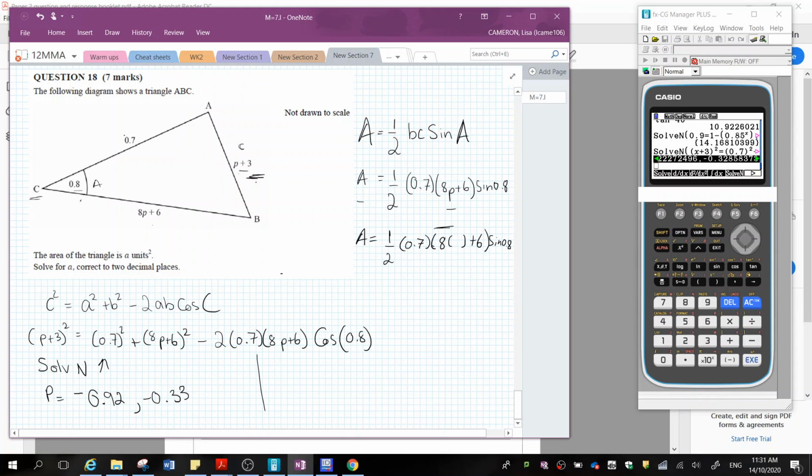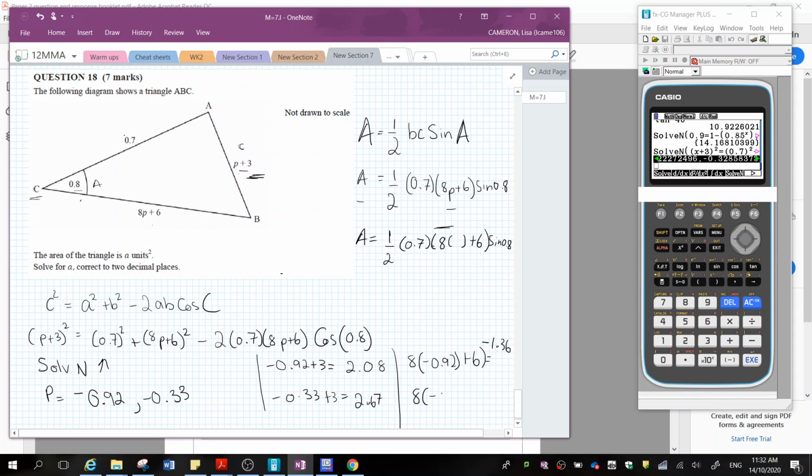If I substitute into this one first, then I've got negative 0.92 plus 3, which would give me 2.08. If I substitute the other one in, I've got negative 0.33 plus 3, which is going to give me 2.67. Okay, so both of those are logical answers. Now let's test the other statement. So 8 bracket negative 0.92 bracket plus 6 equals, now when I put that into the calculator, it's going to give me an answer of negative 1.36.